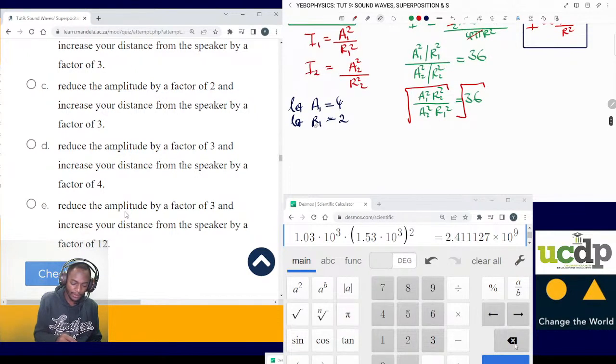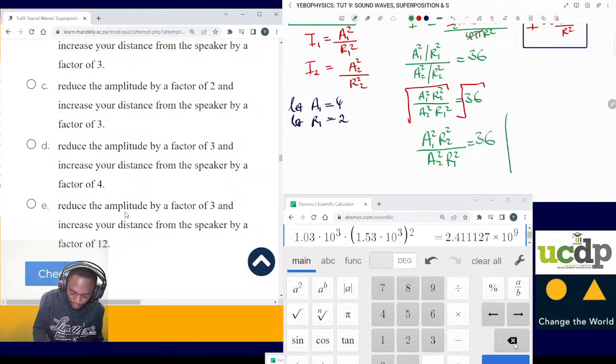A1, let's see the maths here. That should be A1 squared times R2 squared over A2 squared R1 squared, which is equal to 36.